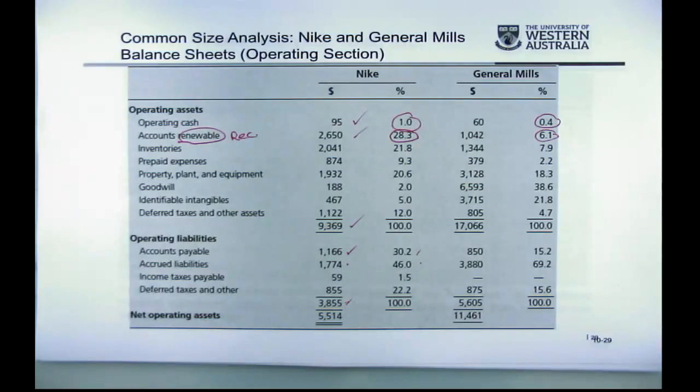Apparently, Nike was very generous in selling on credit, right? What else? Any other ratios? Look at the inventory. Inventory also was very sizable relative to the total operating assets. What else do we have here? Operating goodwill.